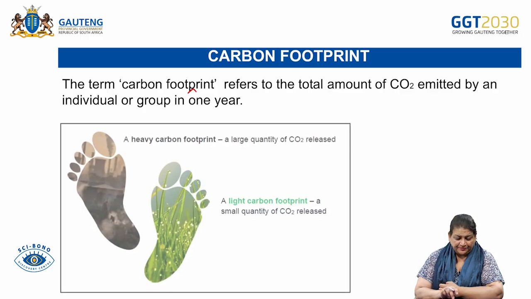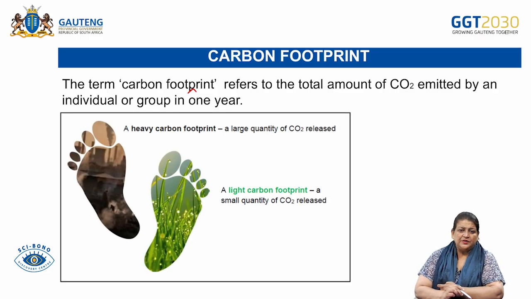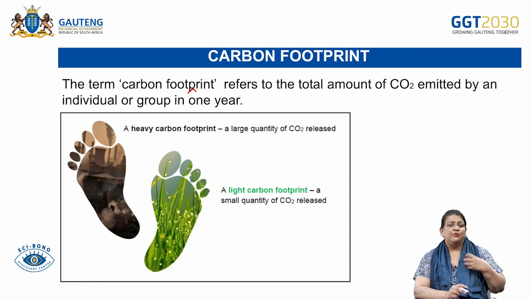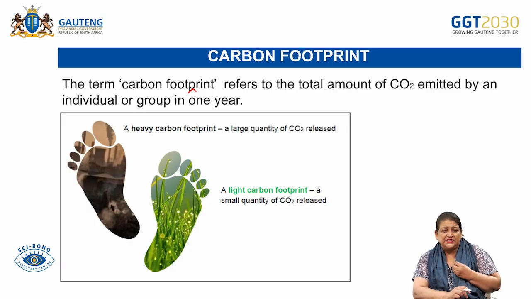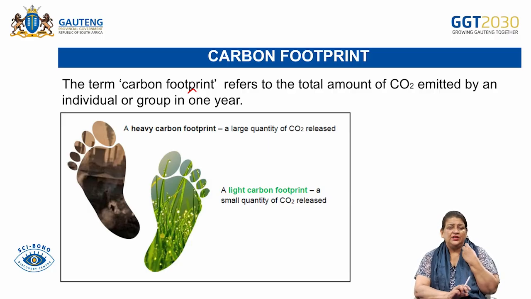And therefore, carbon footprint means the total amount of carbon dioxide that an individual will release, in 1 year. So we call it the carbon footprint because now if you plant more trees and you use less electricity and you say, I'm going to use methane from the landfill sites to generate electricity, I'm not going to use Eskom, I'm going to use solar panels where I'll use the natural radiation of the sun to heat up my geyser for my cooking.